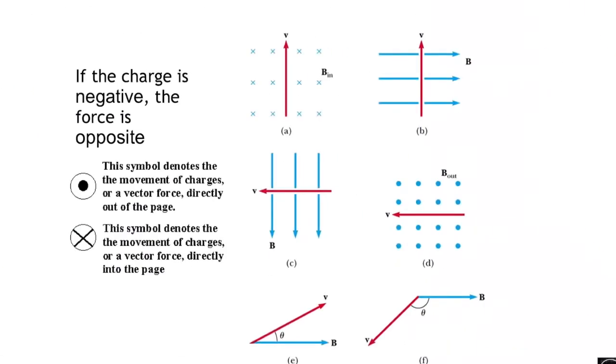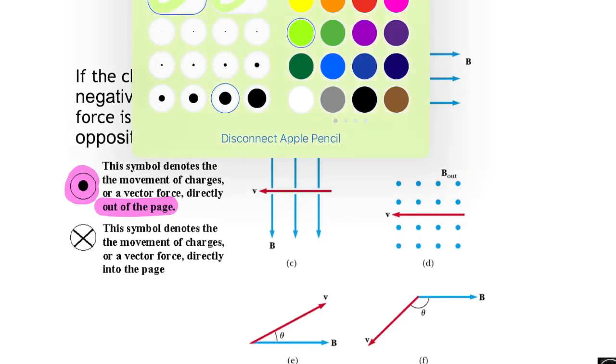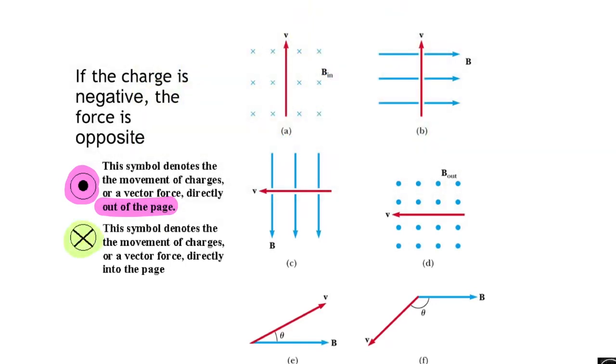Next one about the direction is about the symbol notification. For dot symbol like this, representing direction out of the page. For cross symbol like this, representing direction into the page.